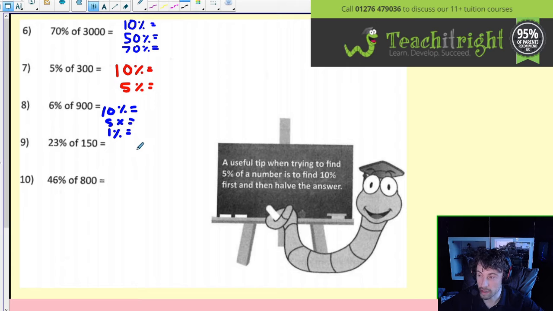For 23%, I'd work out 10% and 1%. I think that's all you need to start. From there, though, you can work out maybe 20%, 3%, things like that. And then for number 10, 46%, again, I'm going to start by working out 10%, 5%, and 1%.